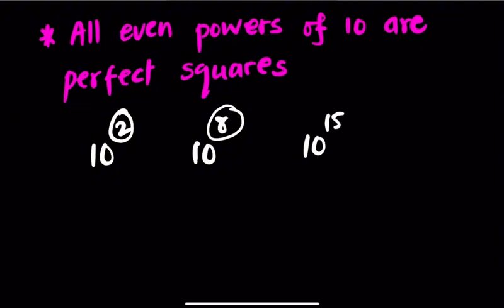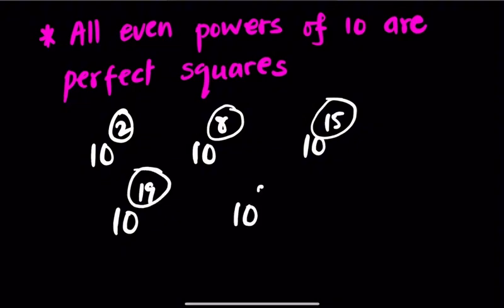Is this a perfect square? It's not because the power of 10 is odd. Let's say we have 10 raised to 19. It's not a perfect square because the power of 10 is odd. Is this a perfect square? Yes, because the power of 10 is even. So this is all about perfect squares. I hope this lesson helps you all.